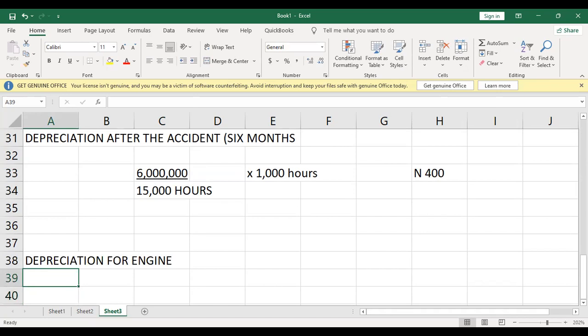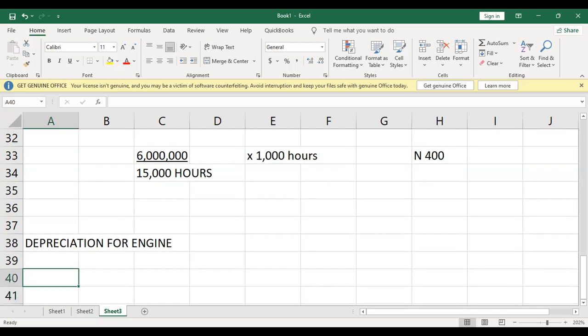Like I said, the profit or loss account is calculated with the figures for 1 year, not accumulated depreciation. The reason why we brought in accumulated depreciation is that we want to find out the carrying value as at each date.